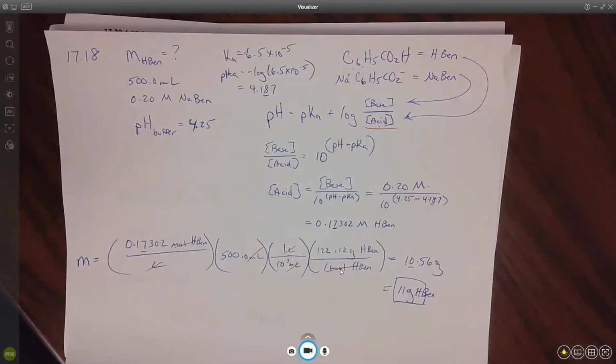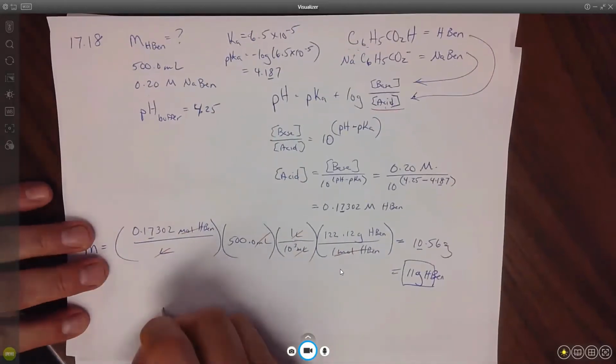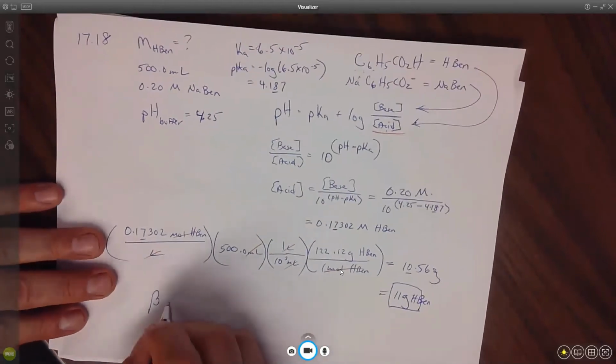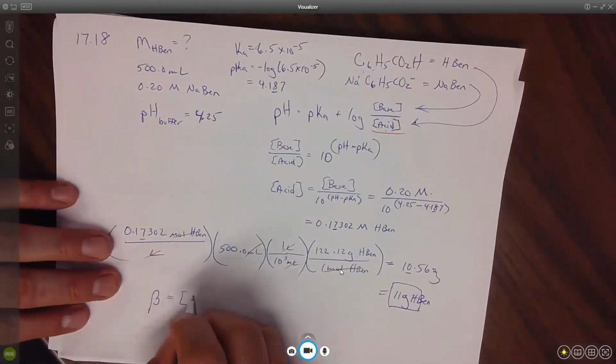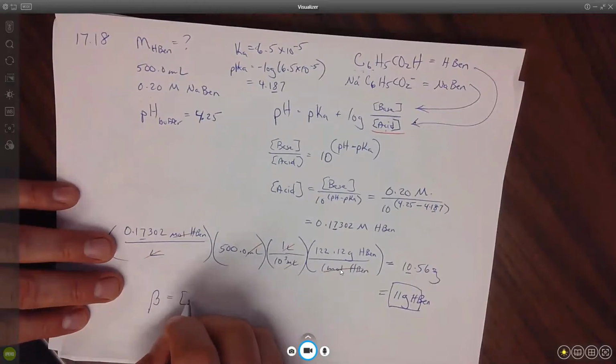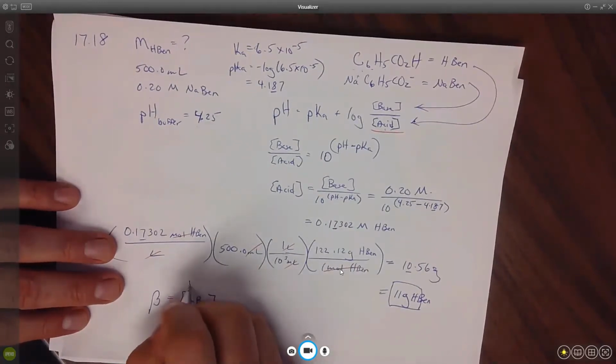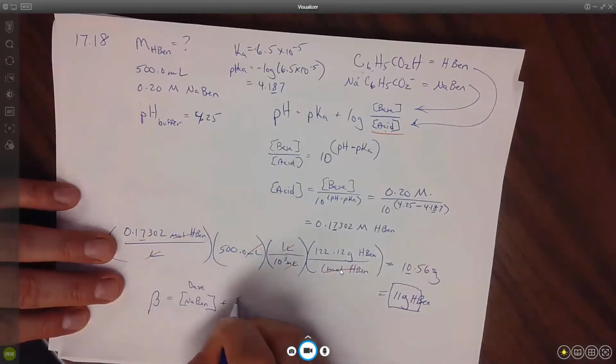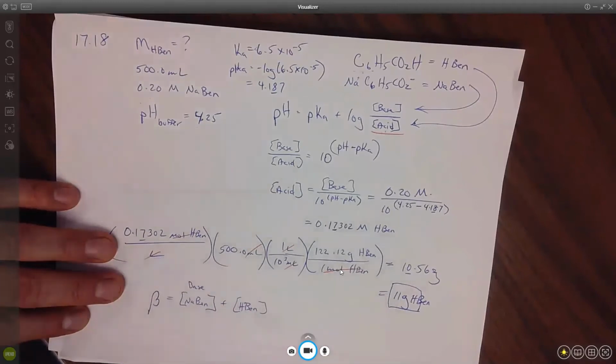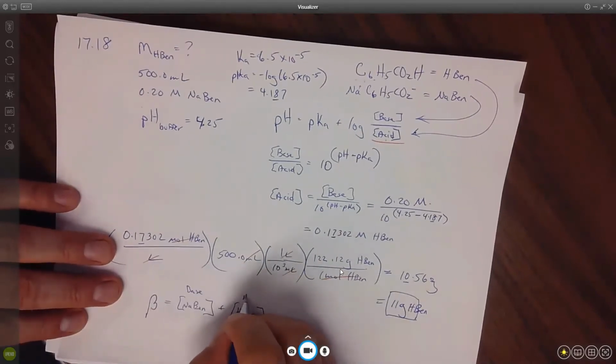Is it 0.37? It absolutely is, right? The buffer capacity is nothing more than the sum of the concentration of the base, in this case the sodium benzoate, right? This is our base, plus the concentration of our acid, which in this case is the benzoic acid. This is our acid.